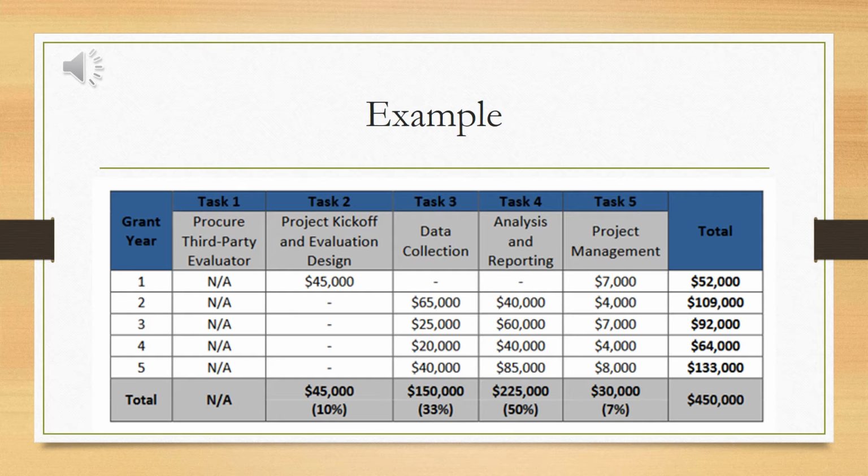So here's an example of a budgeting chart for a program. As you can see in task number 2, they dedicated 10% of the total funding to the evaluation design. So one of the constraints that was listed in the previous slides is budget. What I want to show you here is that even an evaluation design or conducting an evaluation costs money, and in most cases, the program has to dedicate some sort of funding to conducting an evaluation or a reporting program.